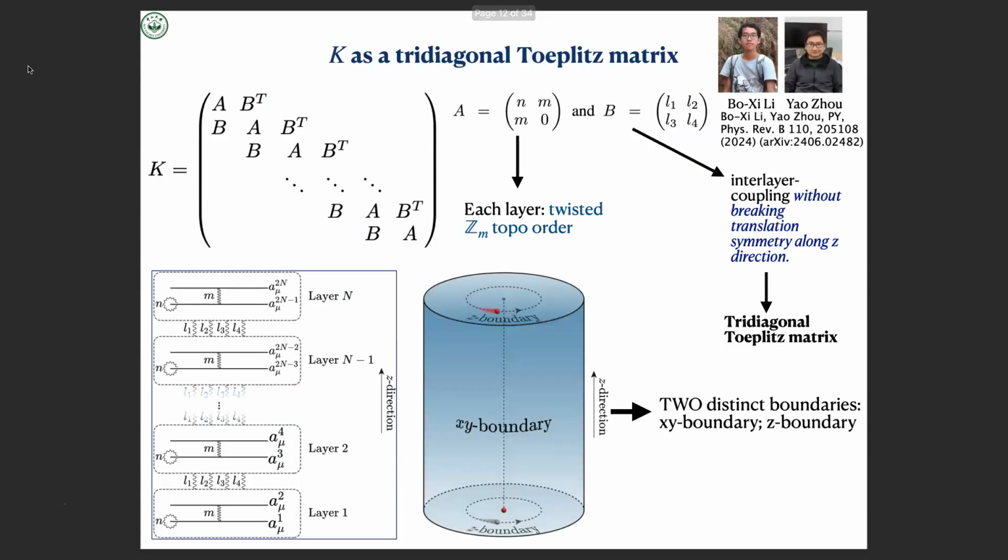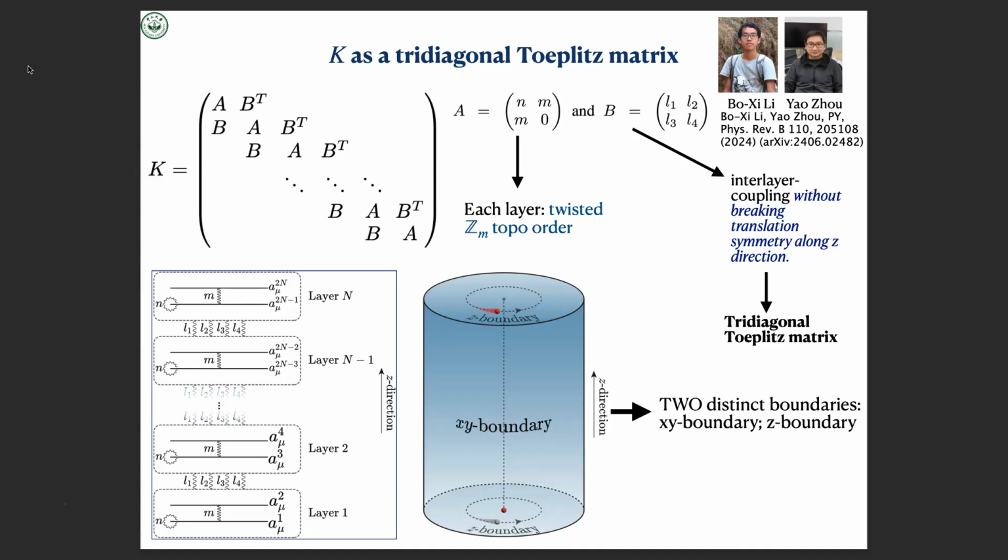So here this A is a 2x2 matrix and B is also a 2x2 matrix. This K is translationally invariant along each diagonal line, so it is nothing but a tridiagonal Toeplitz matrix.